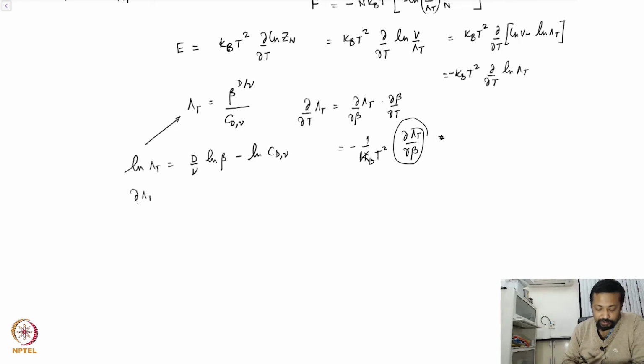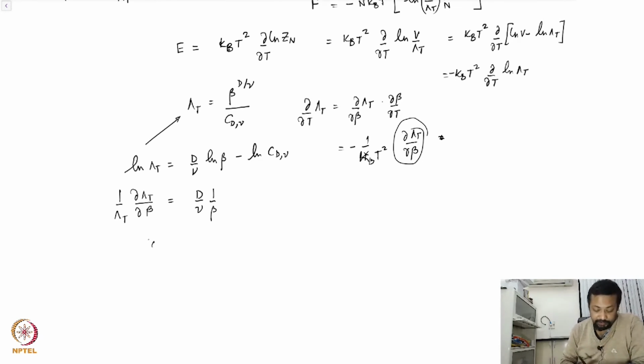So 1 by lambda t, if I now take a derivative with respect to beta, then d over nu 1 over beta. Am I right? Yeah.